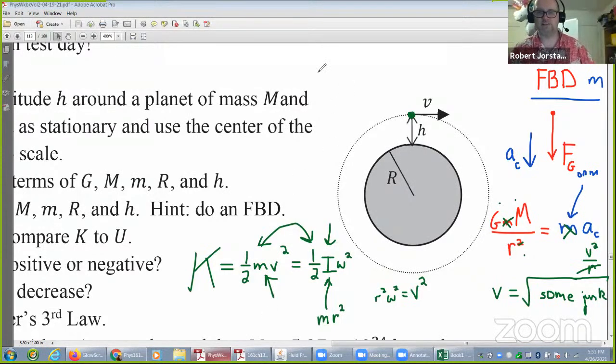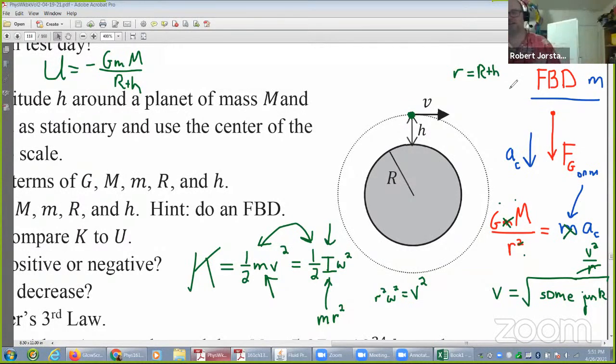Now, in this case, I want to talk about the potential energy as well. The potential energy would be negative G M m all over the radius of the planet plus H. So keep in mind, anytime I have a little r, that little r here is equal to capital R plus H. Notice in this chapter, you're going to have to pay attention to lowercase mass, lowercase radius, uppercase radius.